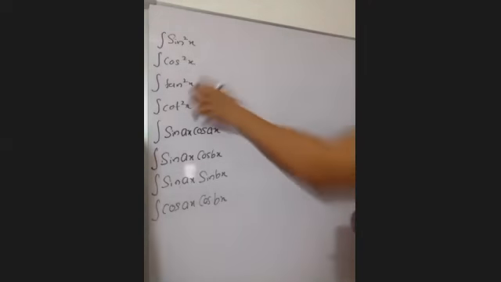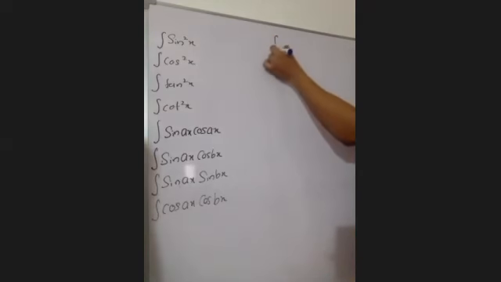Initially, I will start with the integration of tan squared x. There is no straightforward integration for tan squared x. What we can do is use the identity that 1 plus tan squared x is equal to sec squared x.